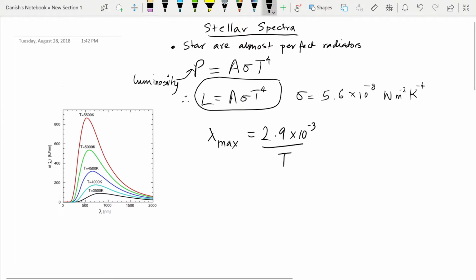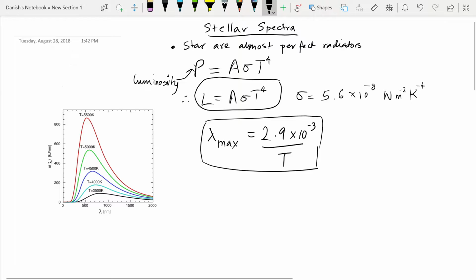So these two equations will prove very useful, and there will be a lot of questions asked for astrophysics on these two equations. So make sure you know how to use these. We will go over some questions, so don't worry about that.